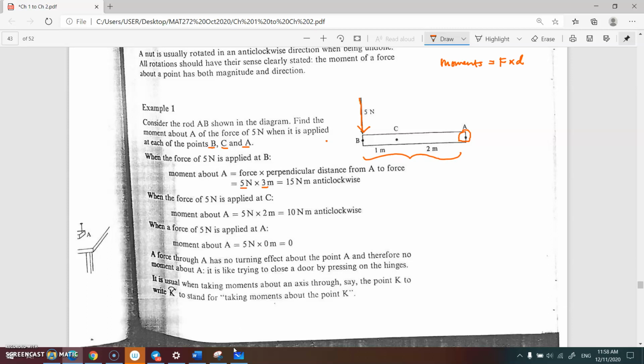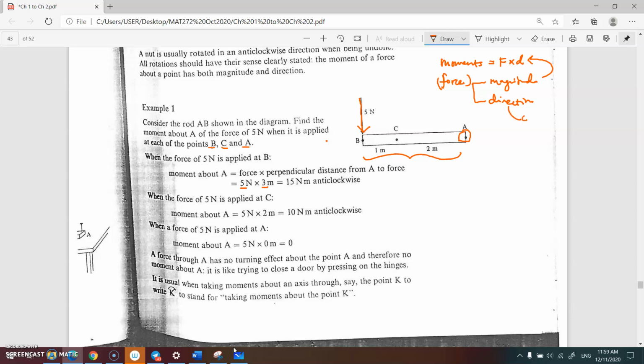But moment is a vector, so you must have both the magnitude and also the direction. How do you find the magnitude? By using the formula force times the distance. But how do you determine the direction?